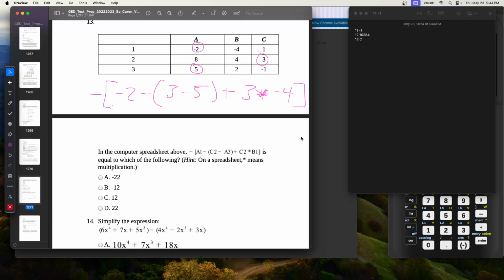What are you guys getting here? Yeah, so again, you want to start with the parentheses first. 3 minus 5 is negative 2.